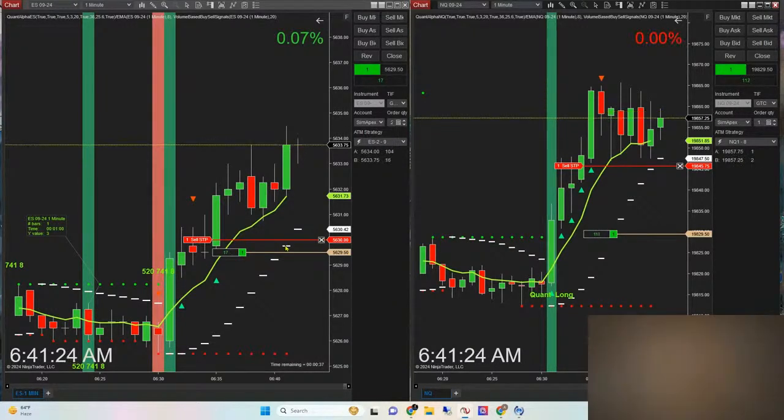Or 24 ticks, because you have a 24 ticks trailing. Because we're trailing only two contracts. So we wanna catch as much as we can from this trade, right?